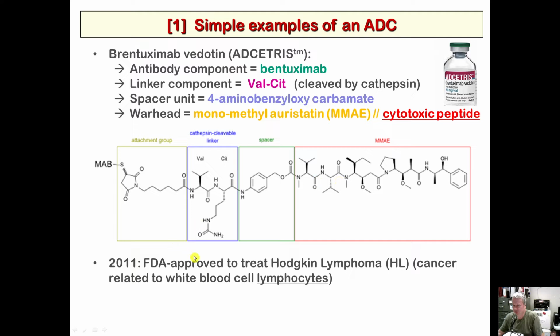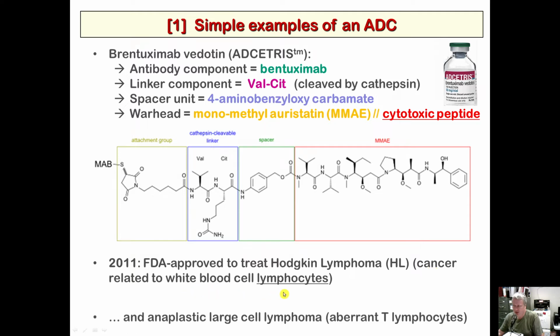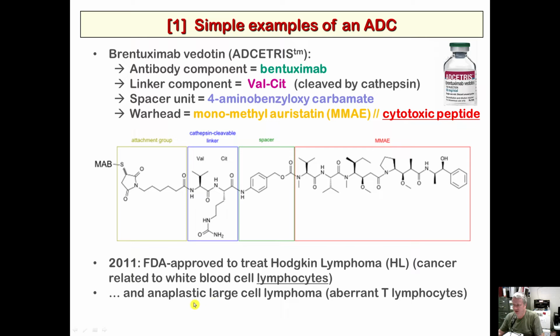In 2011, it was approved by the FDA to treat Hodgkin lymphoma. It's basically cancer related to white blood cell lymphocytes. Also, a different type of lymphoma due to T lymphocytes that are acting irregularly and cause cancer. And then in 2017, another type of lymphoma, cutaneous, related to the skin.